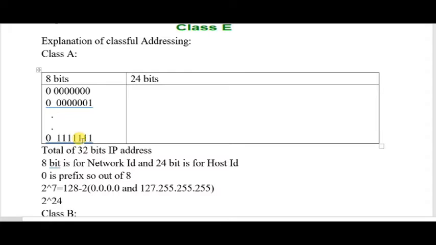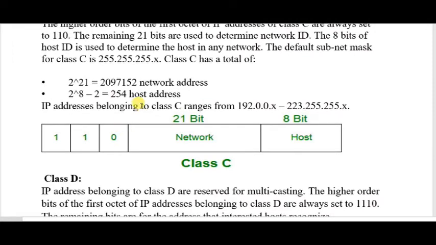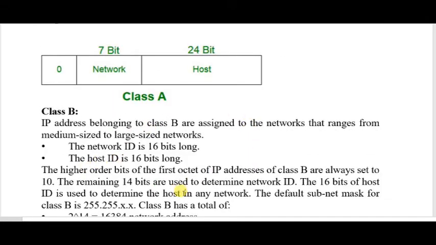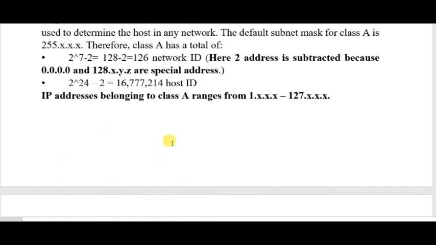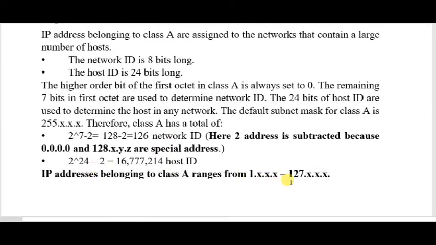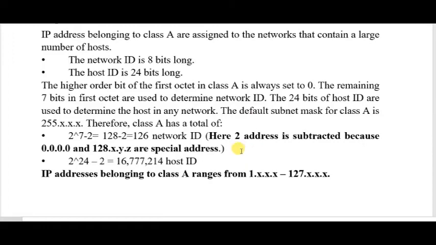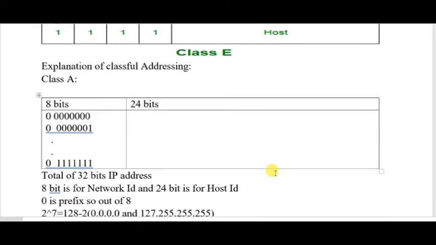If we start the address, then the address is 0.0.0.0 and the last address is 127 dot 255, which is reserved.